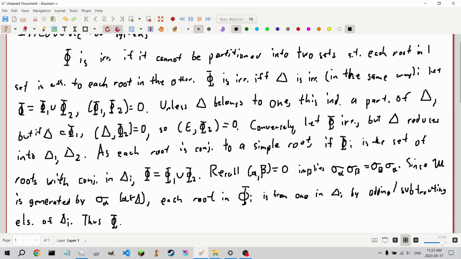Thus phi i lies in the subspace E i of E spanned by delta i, so that the phi 1 and phi 2 are orthogonal.